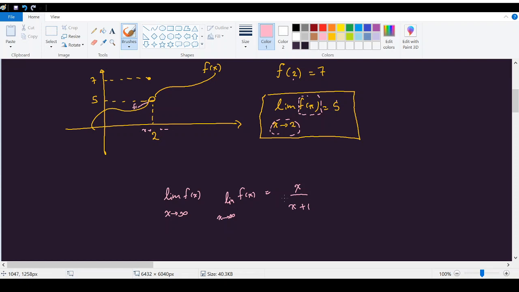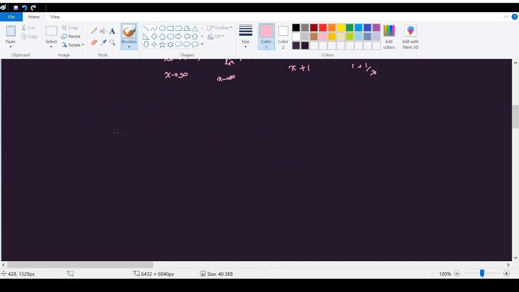Since this is infinity, we take the highest power out, so this becomes 1 over 1 plus 1 over x, and when x goes to infinity, this goes to 1, right? So that means this function looks like it goes to 1 when x takes a very large positive number.